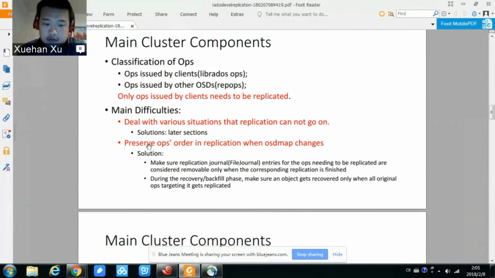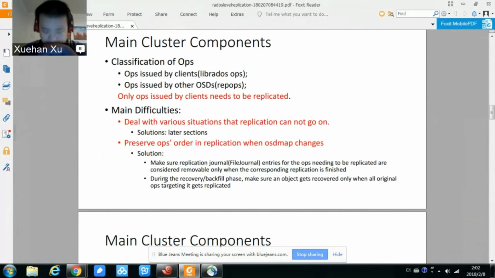And for the second difficulty, we think we can accomplish it by first making sure replication journal entries for the ops needing to be replicated are considered removable only when the corresponding replication is finished.